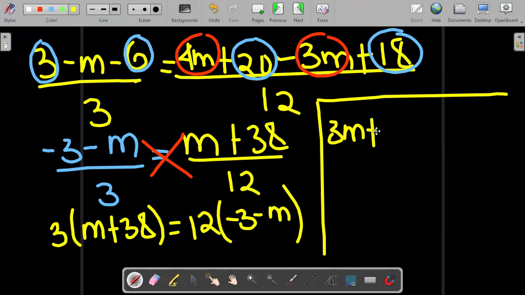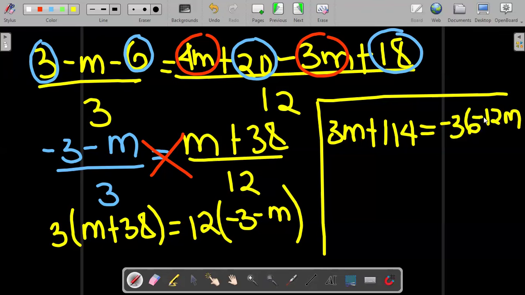Let me multiply from my end here. 3 times 38. That will give me 114. Then let's open the bracket on the other side. 12 times minus 3 is minus 36. 12 times minus m will give us minus 12m.